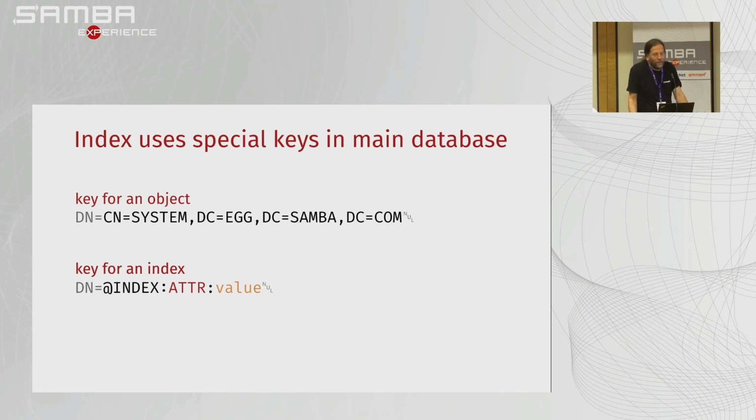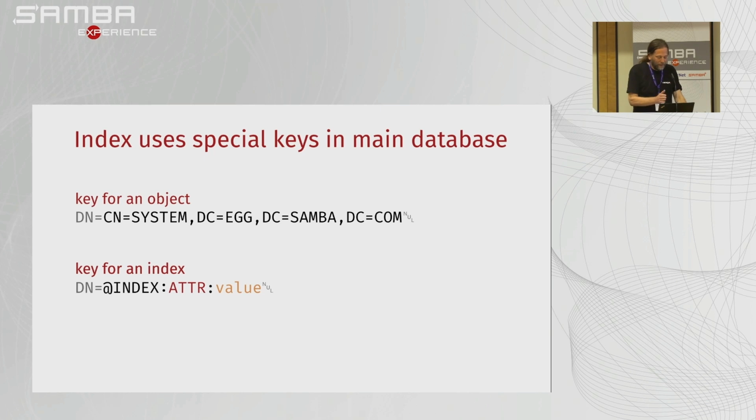And how the index works is it's just a special key in the main database. In classic LDB you have a DN for your main object, and the index has an attribute and value with an index marker at the front that becomes the DN. So it's like anything that starts with an at is a special DN to Samba.